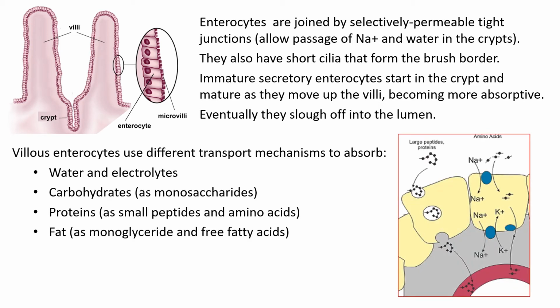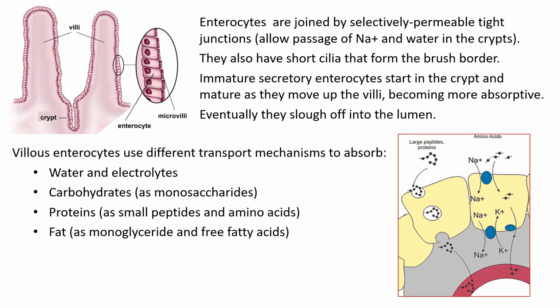When they do get to the top, the villus enterocytes need different transport mechanisms to absorb lots of different things. You think of all the things you eat that need to be absorbed. And those things, depending on their size, will have different transport mechanisms. You can see in the diagram there, for example, large peptides and proteins are being endocytosed, whereas sodium is being moved in via a transporter.